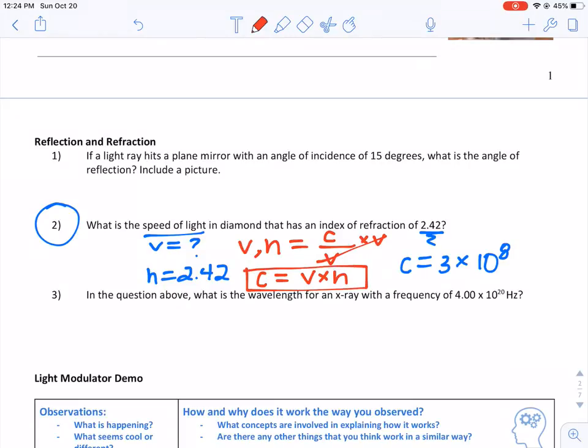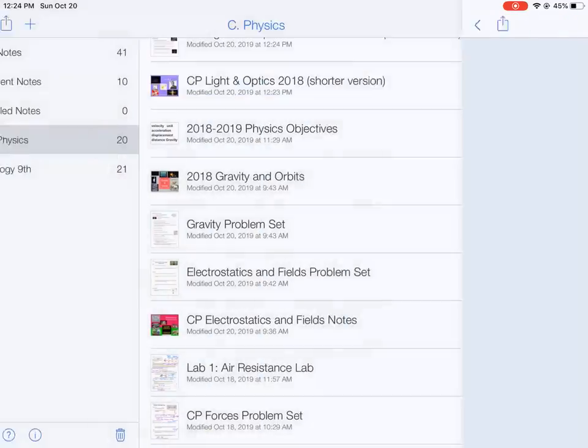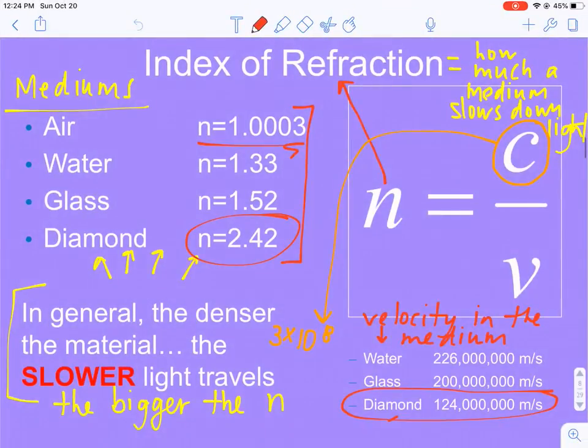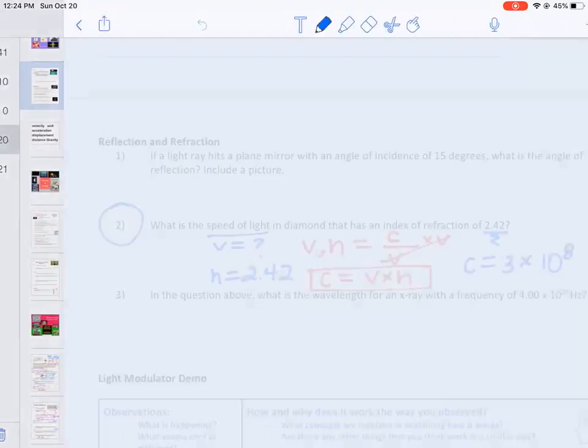Now that is easier to understand. I would just write that, or c equals v n, in your notes because it's a little more friendly.